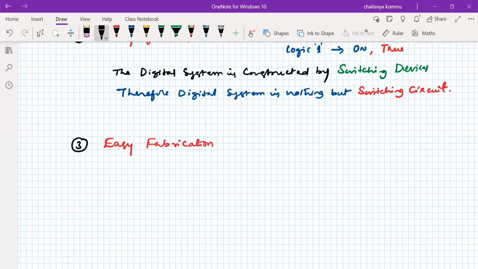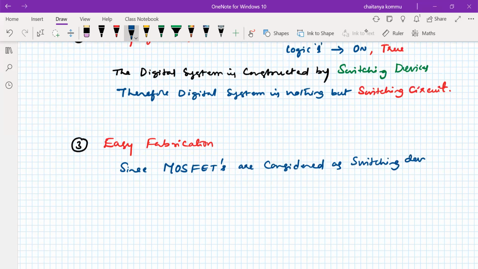Since the switching devices use MOS transistors, MOS field effect transistors are considered as switching devices.